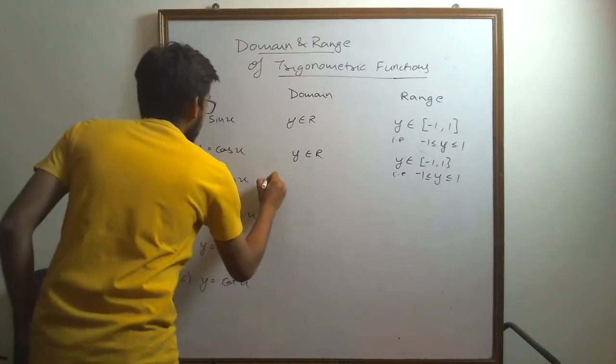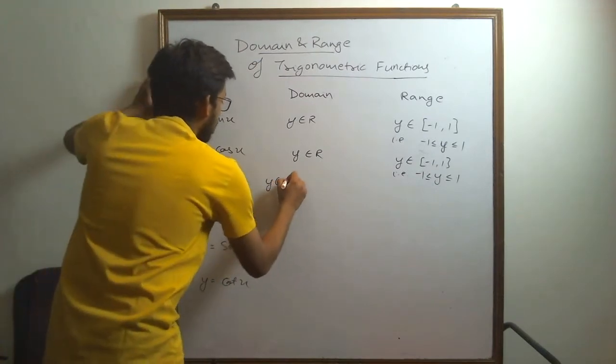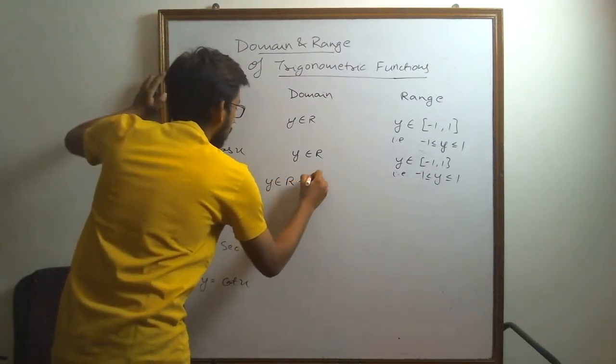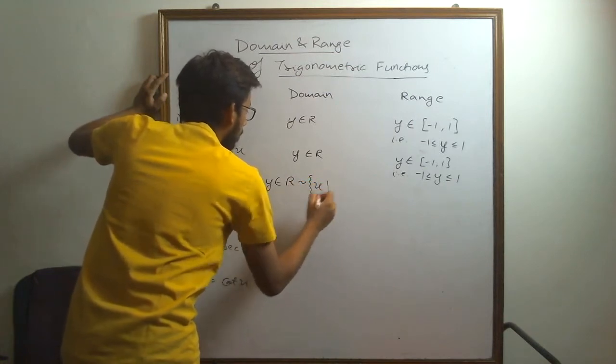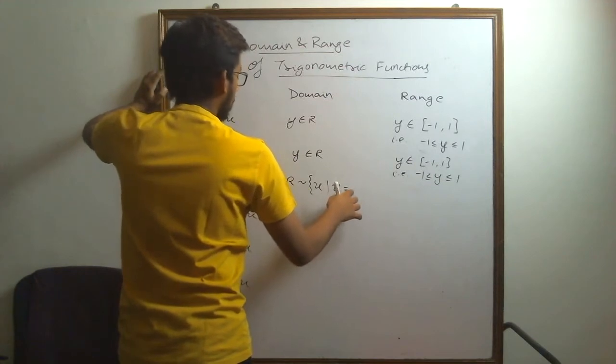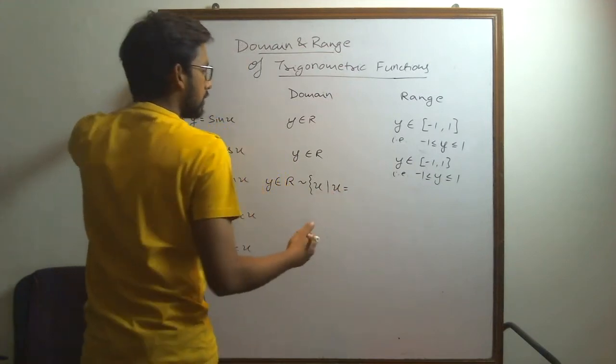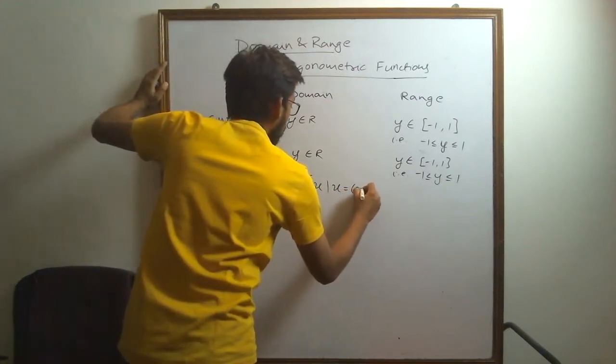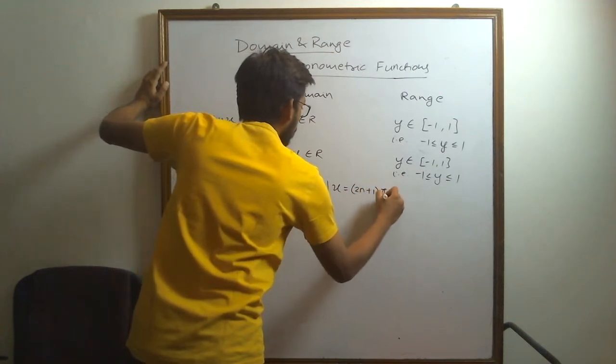That's why the domain of tan x is the set of real numbers excluding all angles for which cos x is 0, and that is the odd multiples of pi by 2.